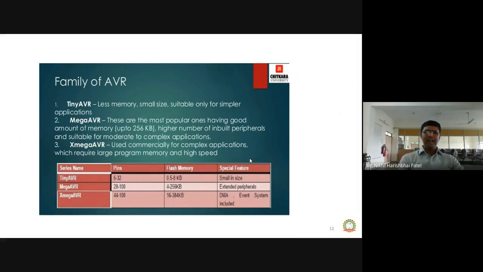Application-wise, the Tiny and Mega families are used for smaller applications, and if you go for complex applications, when we require large program memory, high speed, networking devices connectivity, in that case we use the XMega AVR controller.